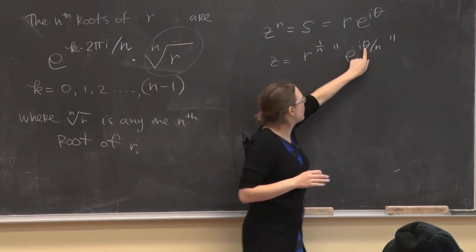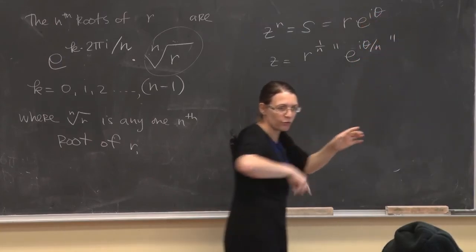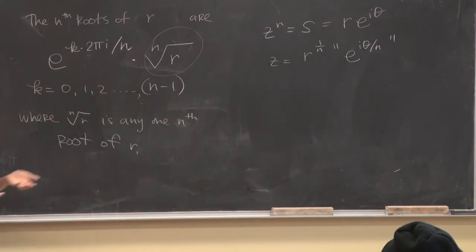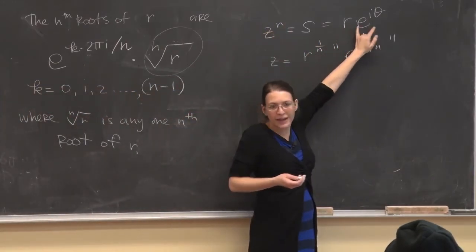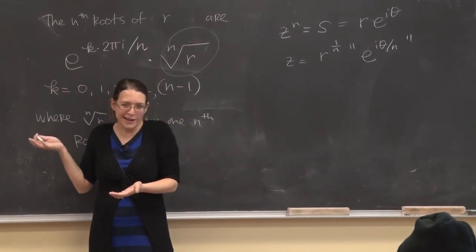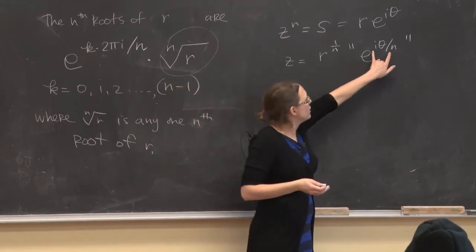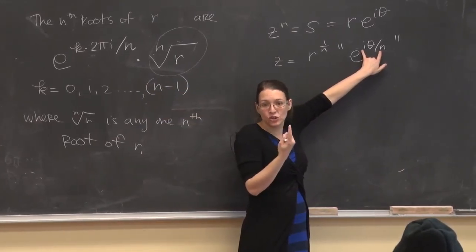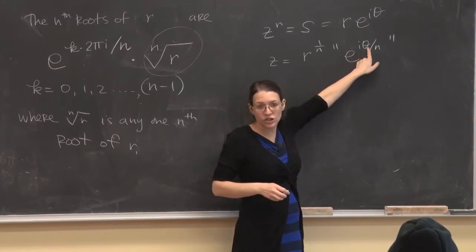You can just rewrite it by adding circles around and then dividing by n. It's because taking roots works so well with multiplication that taking roots works so well with polar coordinates. I'm just kind of dividing on both sides, being careful to think of this as not one answer, but many answers depending on how theta changes.